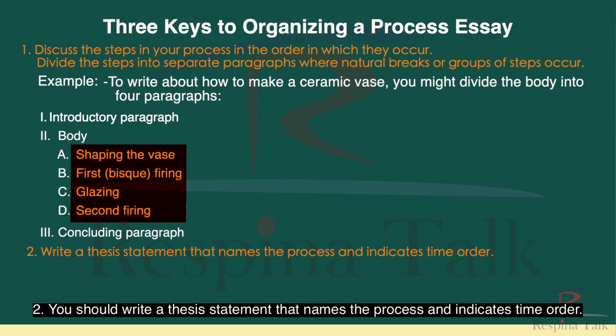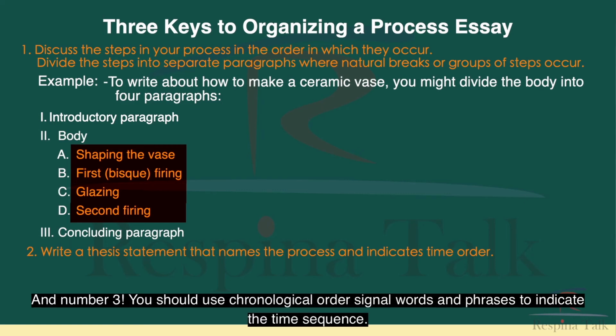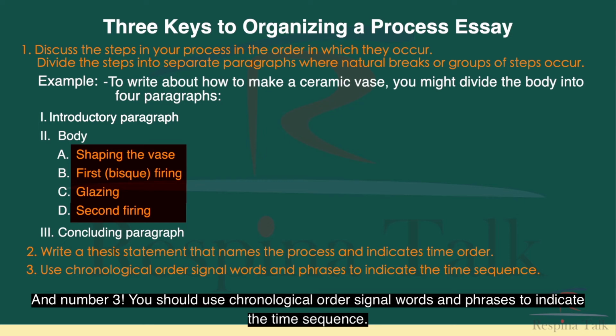Number 2, you should write a thesis statement that names the process and indicates time order. And number 3, you should use chronological order signal words and phrases to indicate the time sequence.